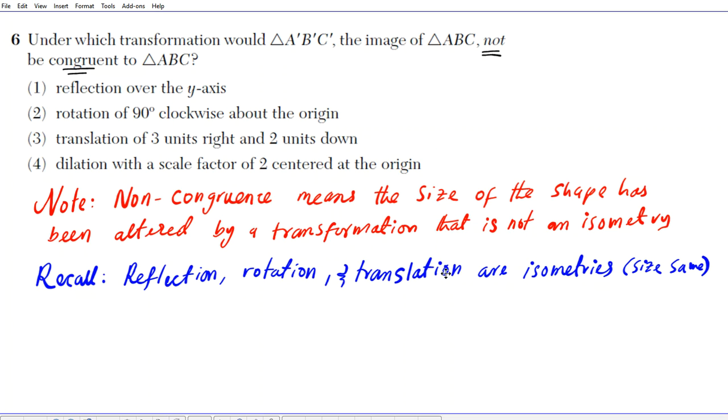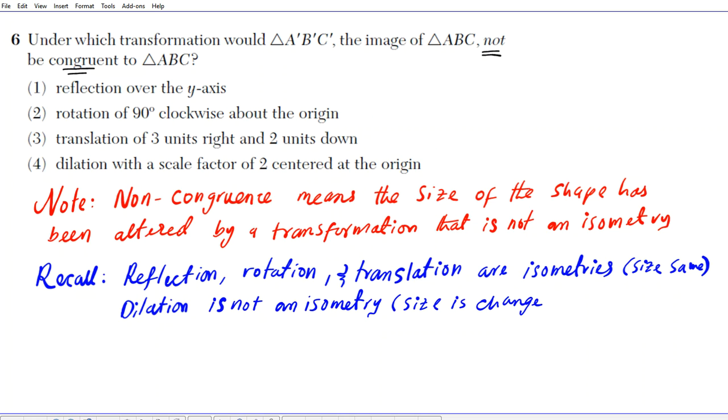If you reflect the figure, rotate it, or translate it, which basically means shifting, it doesn't change the size. But on the flip side, if you have a dilation, that makes it bigger or smaller. Dilation is not an isometry, because in this case, the size is changed. If the size is changed, then the two figures are no longer congruent.